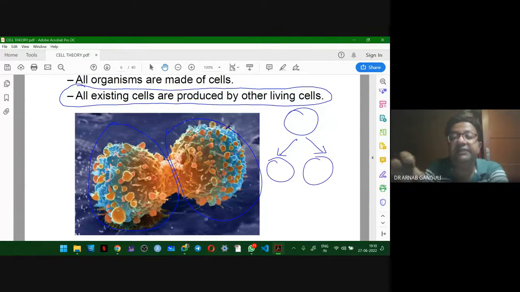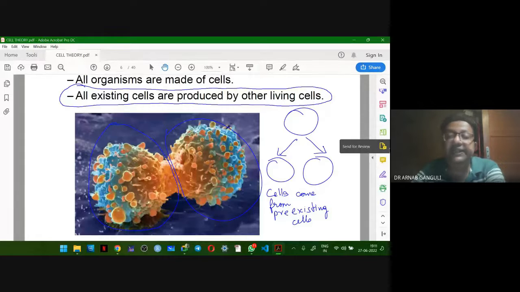So cells come from pre-existing cells. This is the second principle.